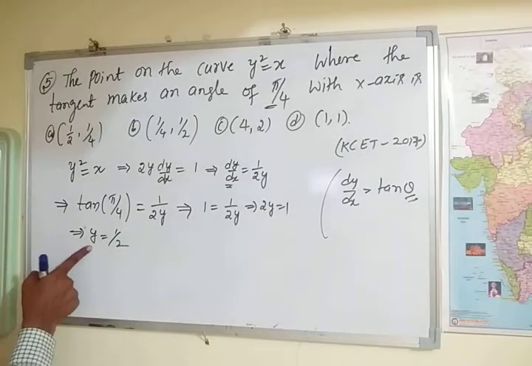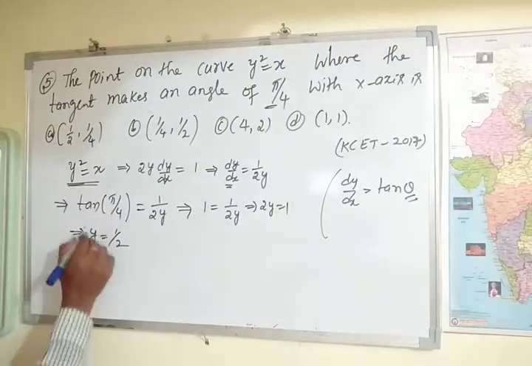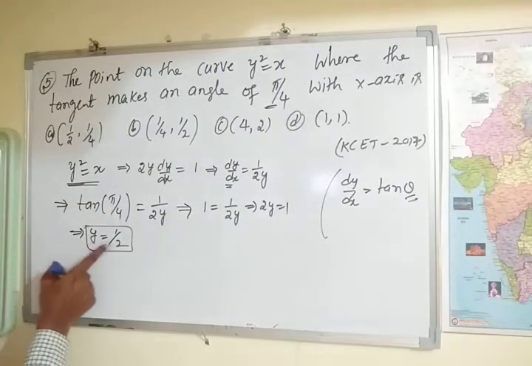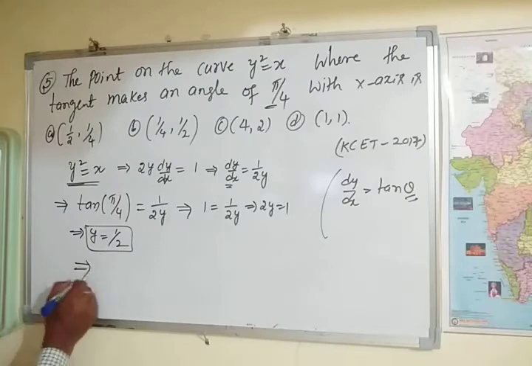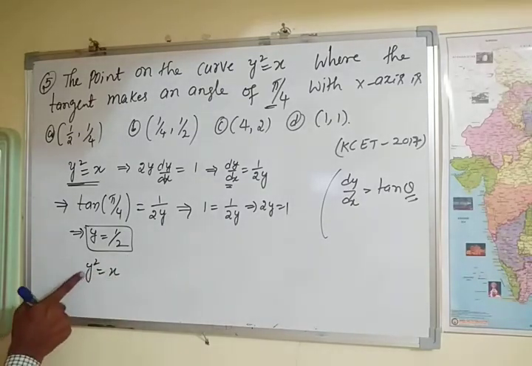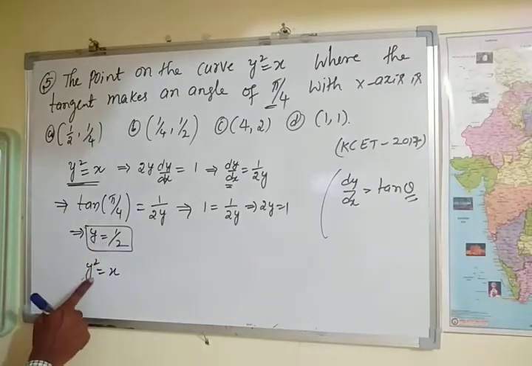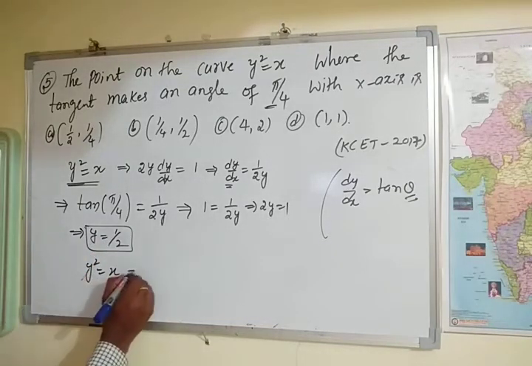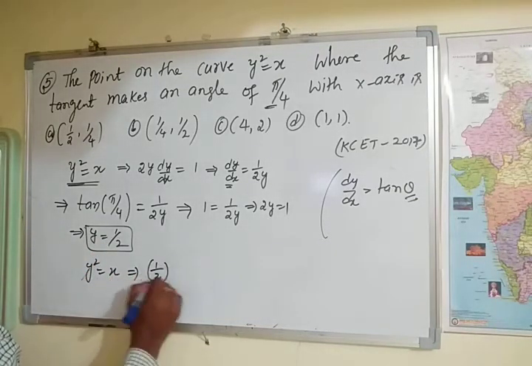This y is also substituted in the given curve, y square is equal to x. Now here we substitute y is equal to 1 by 2 in this curve. This implies (1 by 2) whole square is equal to x.